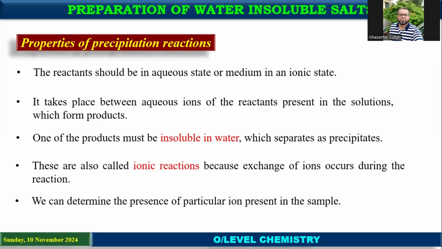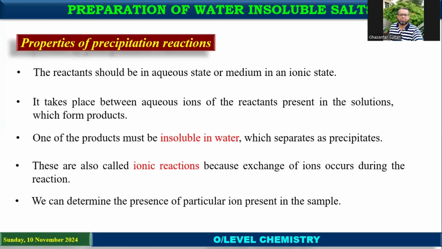These are also called ionic reactions because exchange of ions occurs during the reaction, a type of double displacement reaction that we have seen. We can determine the presence of particular ions in a sample.